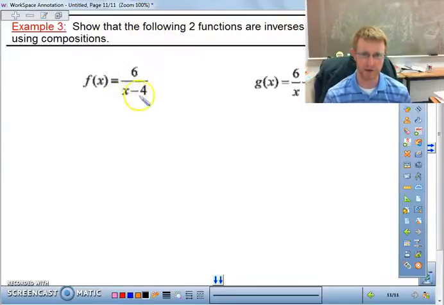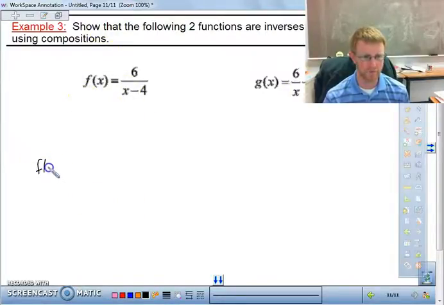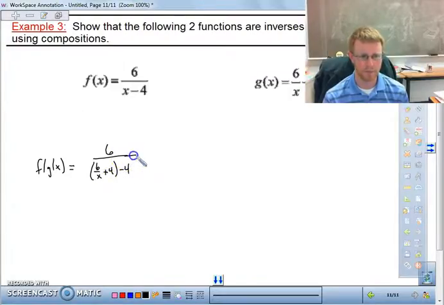We have 6 over x minus 4, and we have 6 divided by x plus 4. So the first thing we're going to do, we're going to do f of g of x. So f of g of x will be 6 over, and instead of x, I'm going to put in 6 over x plus 4, minus 4. Okay?